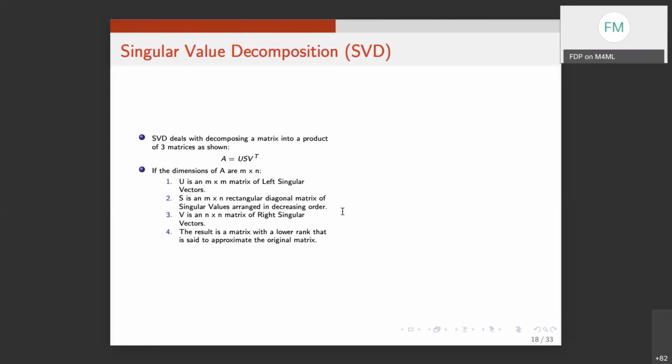Right, so next is SVD, the singular value decomposition. Let me take a simple example where I try to use SVD.